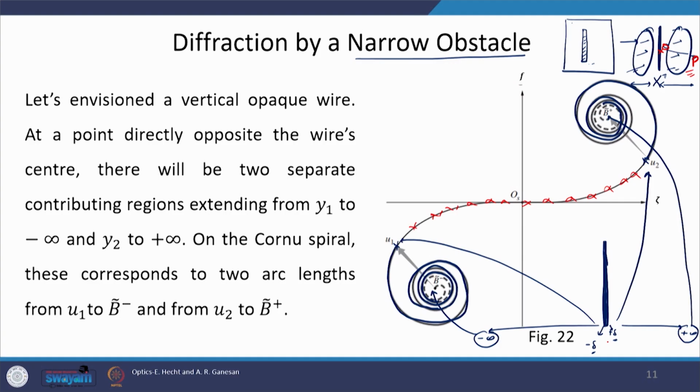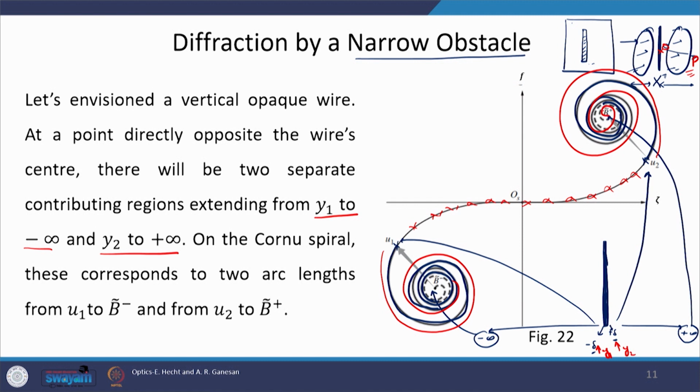These values are y1 and y2, minus delta and plus delta. Since the wire is very thin, I prefer to write delta as its width, but these are the coordinates y1 and y2. They extend from y1 to minus infinity and from y2 to plus infinity, and therefore on the Cornu spiral these correspond to two arc lengths, from u1 to B minus tilde and from u2 to B plus tilde.